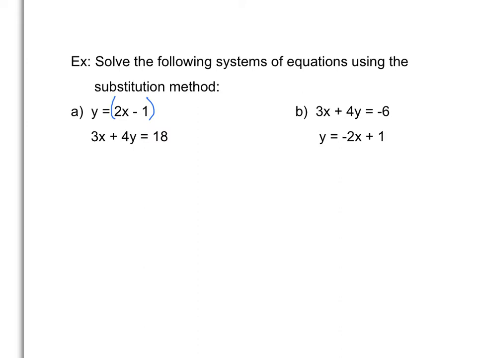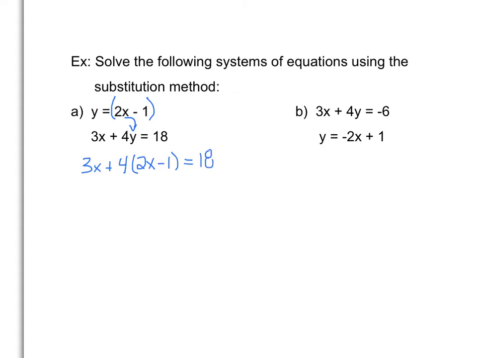Whatever is in the bracket goes in and replaces y, since this is already equal to y. Now I'll write the new equation. It's 3x plus 4, but instead of y, I put in that bracket, 2x minus 1, equals 18.